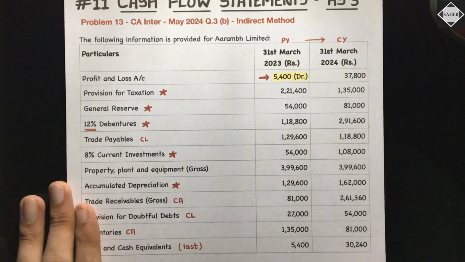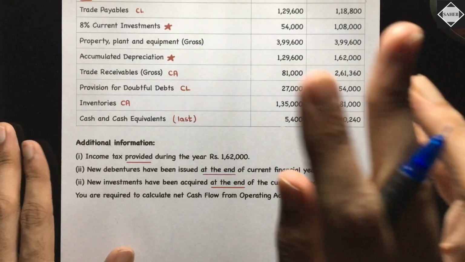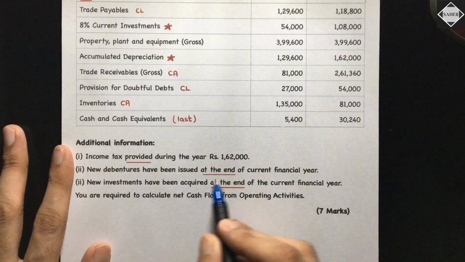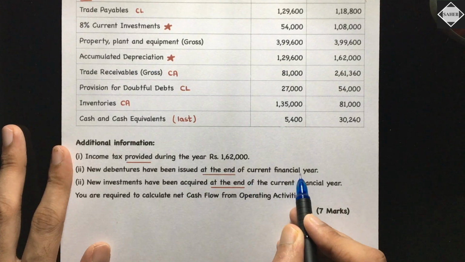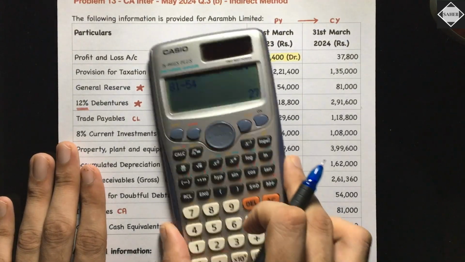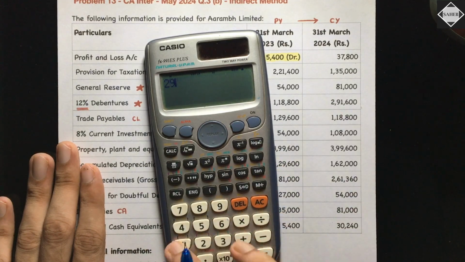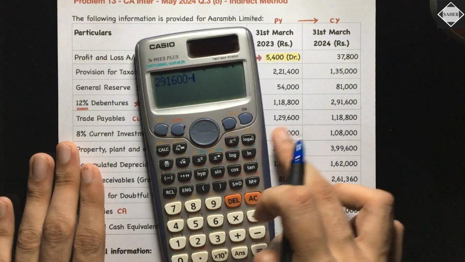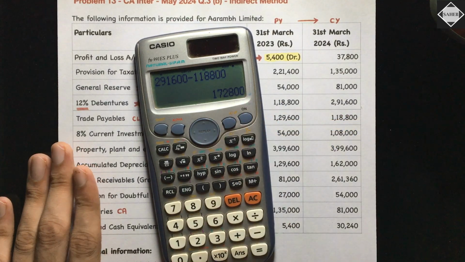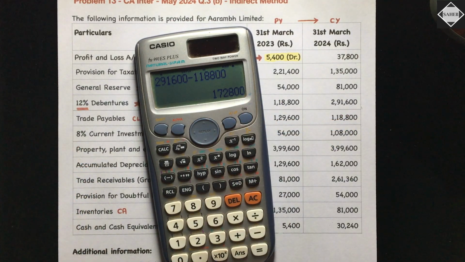But understand what is happening in this question. The question is saying that new debentures have been issued at the end of the current financial year. How much has been issued? See here, 2,91,600 minus 1,18,800. This much debentures have been issued, 1,72,800.